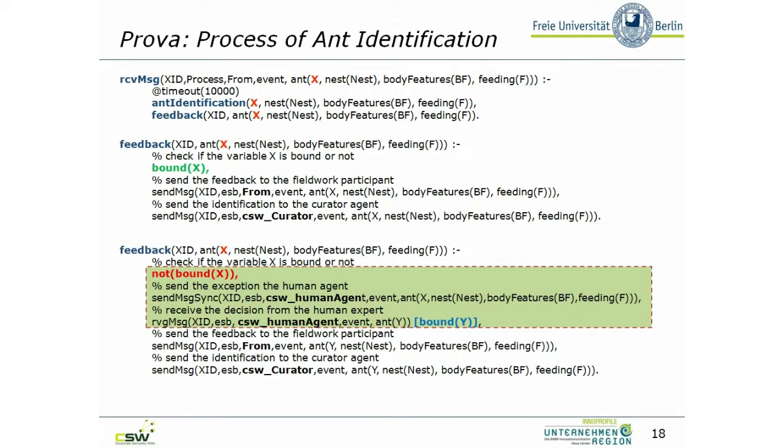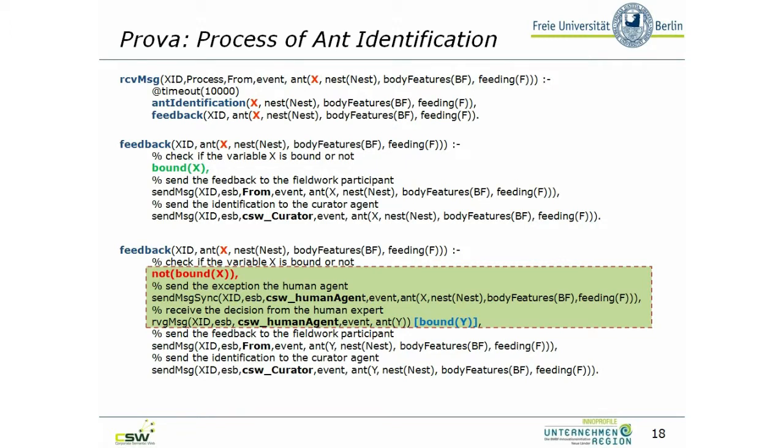We can see first the taxonomist agent receives the ant description from the fieldwork participant agent, and the features are stored in these variables for the next, body feature and feeding here, and the variable x here is used to store the result of the identification. This predicate identification triggers the concrete logic of identification.